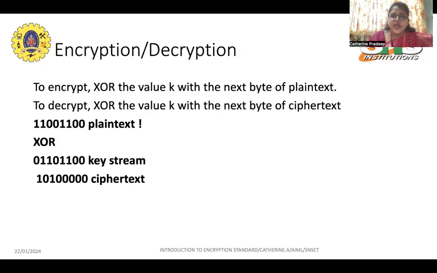For encryption and decryption, to encrypt you XOR the value of k with the next byte of the plain text. To decrypt, you XOR the k value with the next byte of the cipher text. For example, you take the plain text, some bits of zeros and ones such as 1100, and XOR it with the key stream, and you obtain the cipher text.